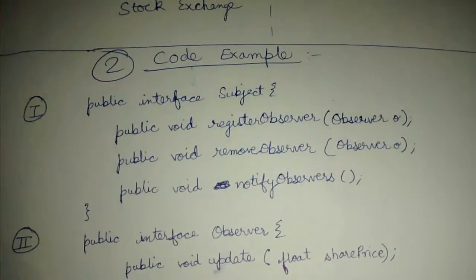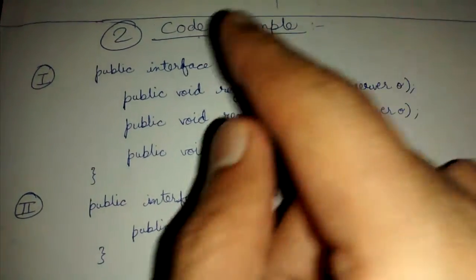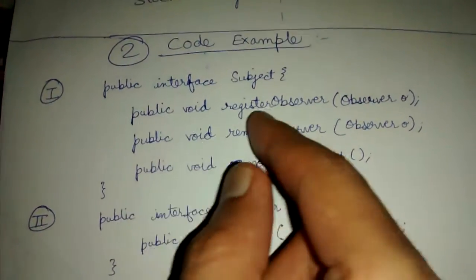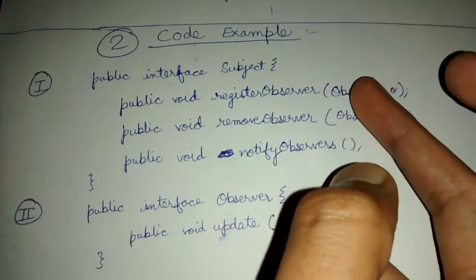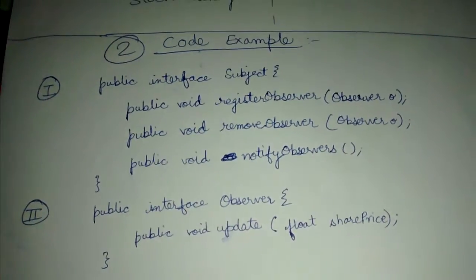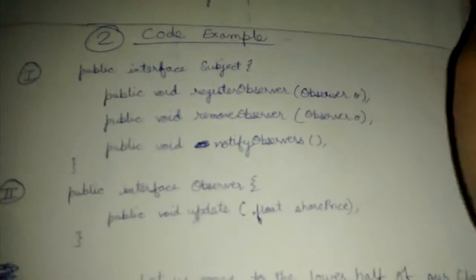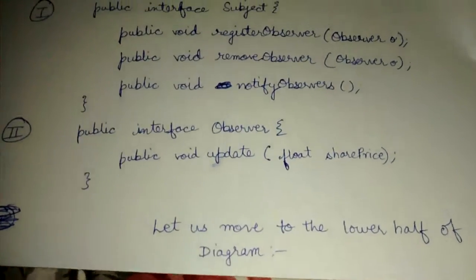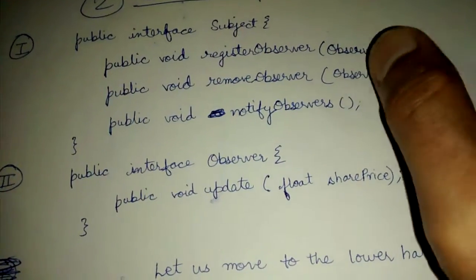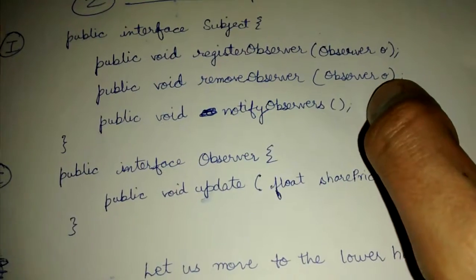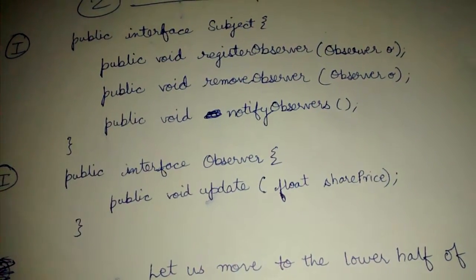So this is a subject class, which is basically an interface. It has register observer, which takes an observer and registers it. Remove observer, and notify observers, which notifies all the observers who are registered with us about the share increase event.